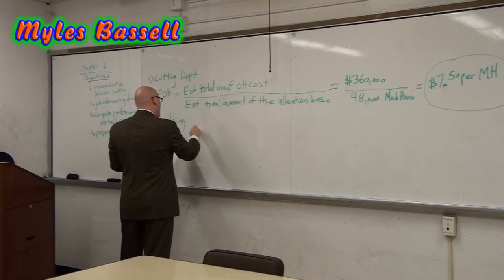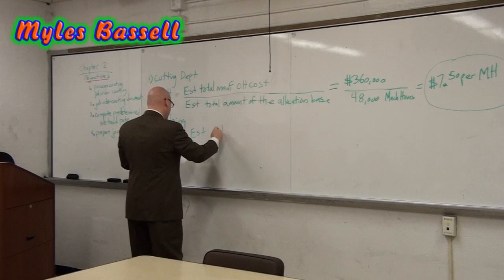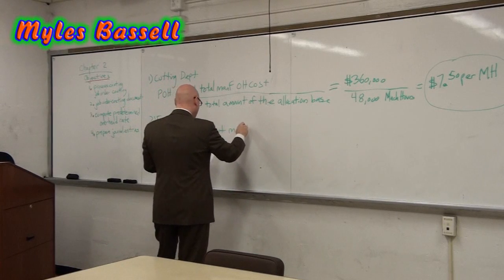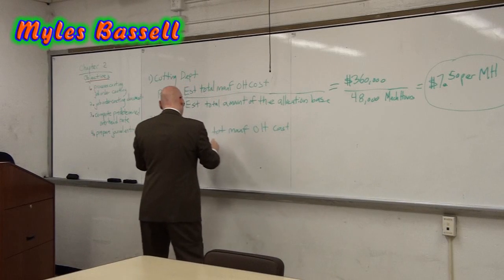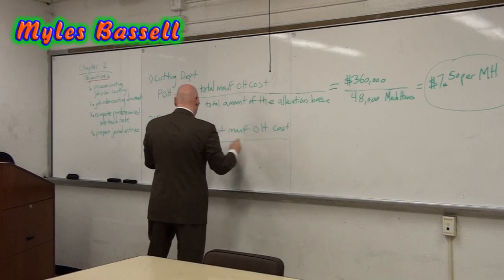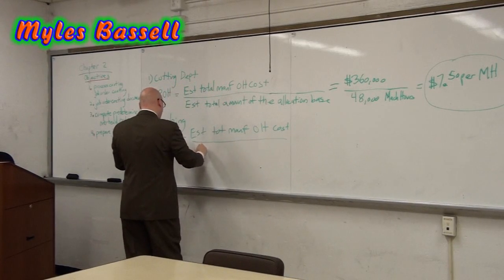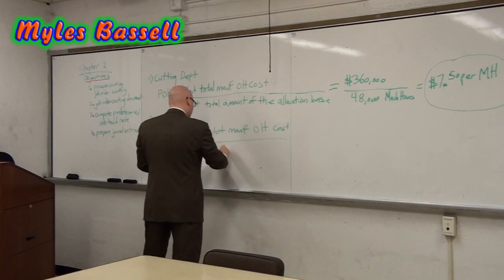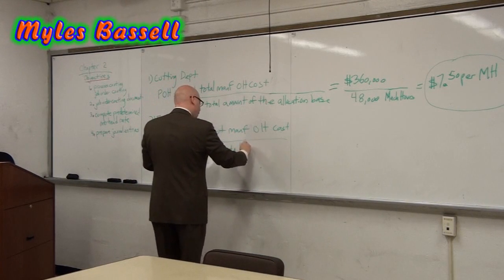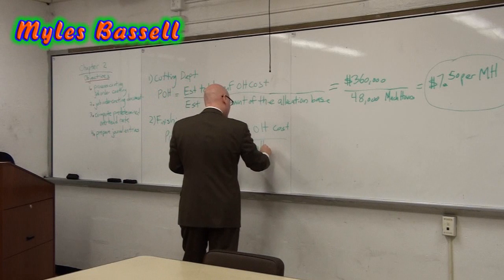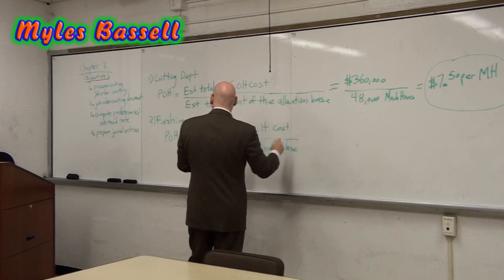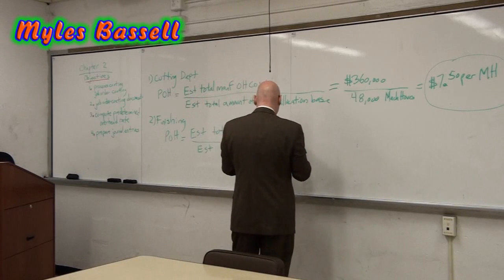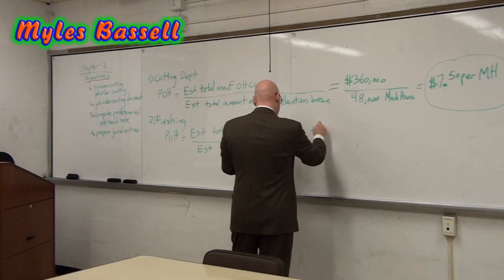So we take the estimated total manufacturing overhead cost divided by the estimated total amount of the allocation base, which in this case is what? What is the allocation base for finishing? What do they use? Direct labor. Direct labor, right.